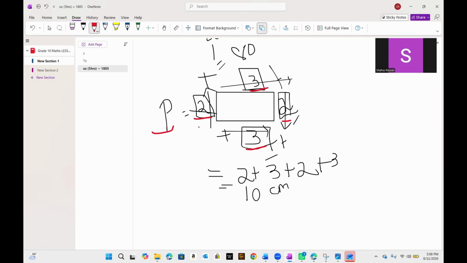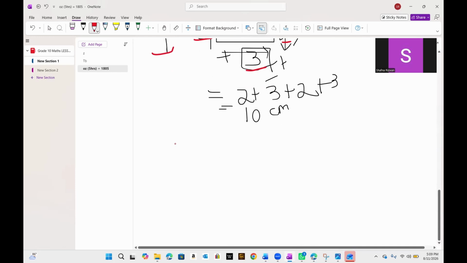Perimeter means the distance of the outer closed plane figures, or even you can say the total length of the outer closed plane figures. Outside a figure there will be certain measurements, lengths, and you have to add all of it together.